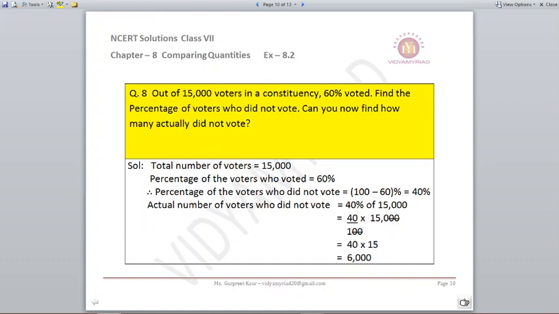Total is 100%. 100 minus 60 is 40%. So to find the actual number of voters who did not vote, we will calculate 40% of 15,000. And we know how to solve this. It will be written as 40 upon 100 multiplied by 15,000. Solve this. Your answer comes to 6,000. So 6,000 is the number of voters who did not vote.